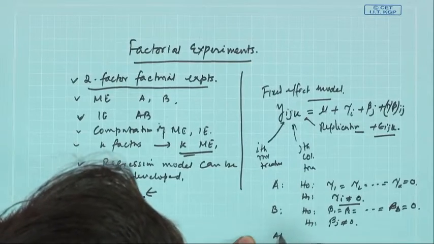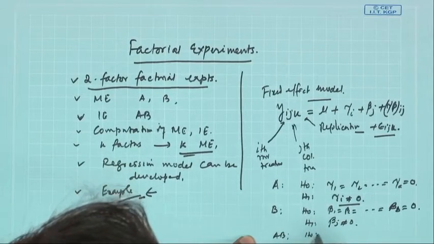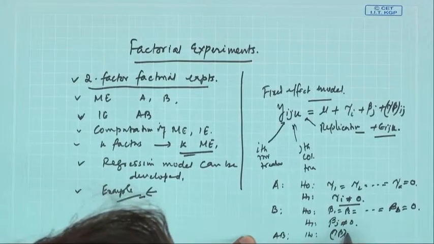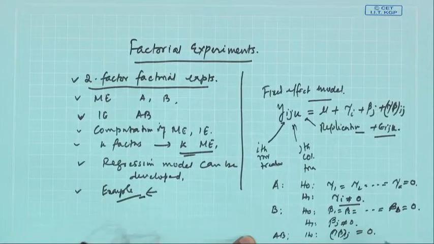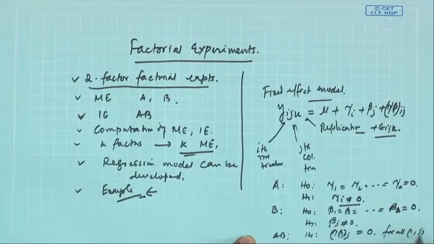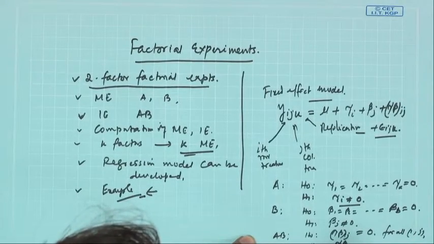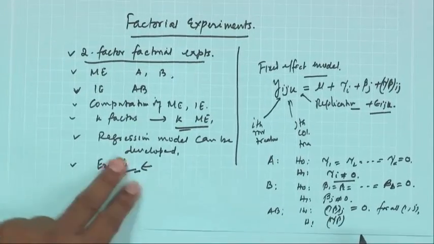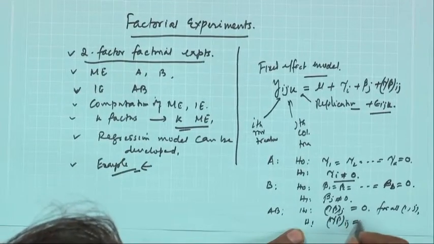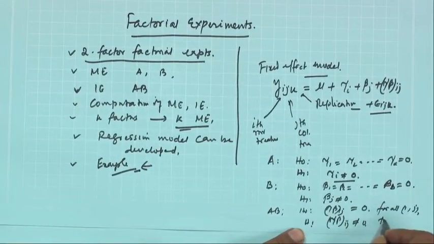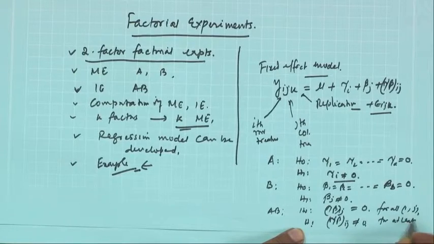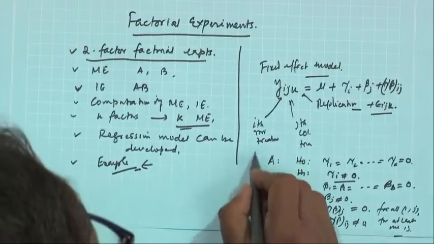And for AB we put H0: (tau beta)_ij equals 0 for all ij combinations, and H1: (tau beta)_ij not equal to 0 for at least one ij. That is what we have seen in the last class.